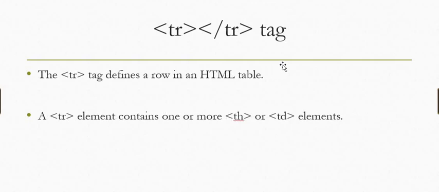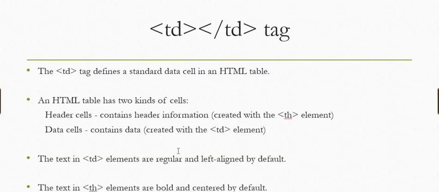The table row tag, as previously mentioned, defines a row in an HTML table. It can contain one or more table headers or table column elements. Next, we have the table column tag.